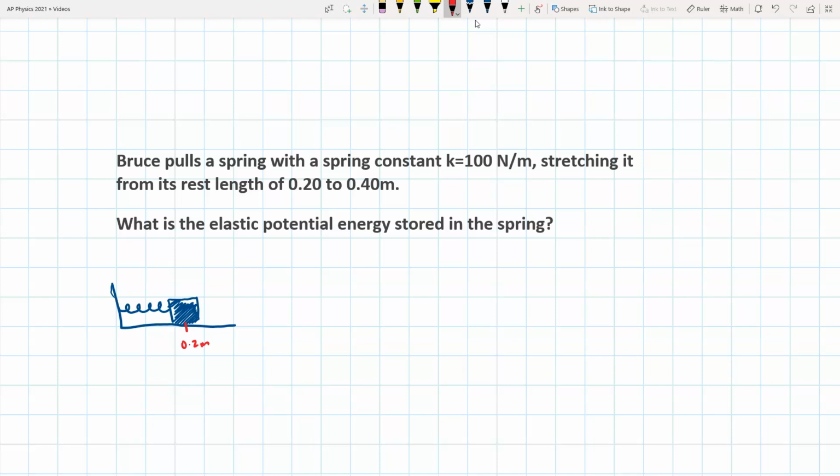And then later it gets stretched. Man, I can't draw on those lines right now when it's towards the bottom. All right, that's really hard.